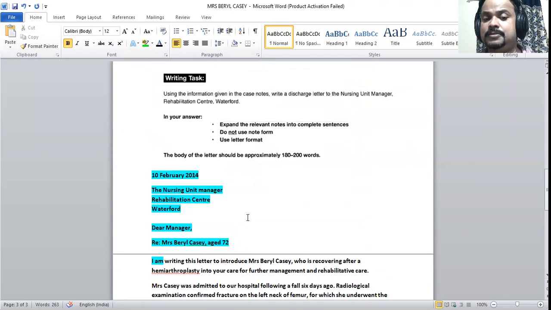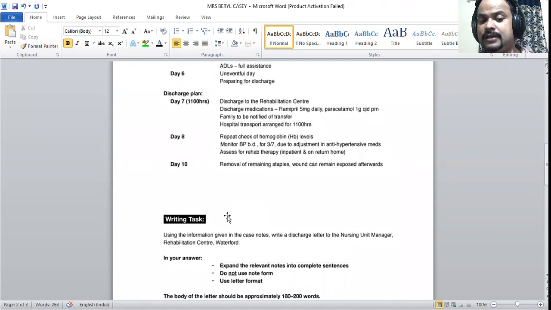One more data is missing there. You can say that assess for rehab therapy inpatient or on return home. So if you are good at the language, you can include that thing. That's also the duty of the rehabilitation center. The manager should assess, because it is the duty of the manager to assess the rehab therapy.